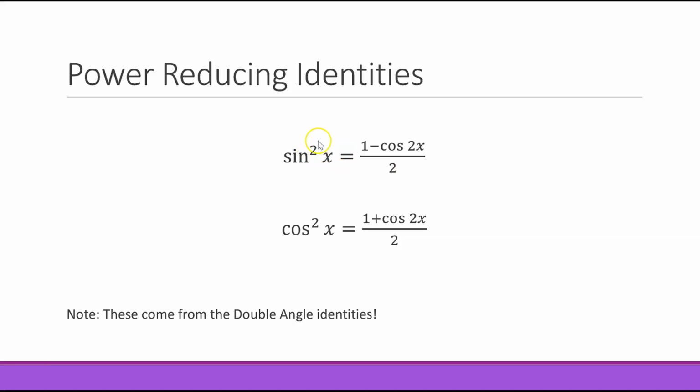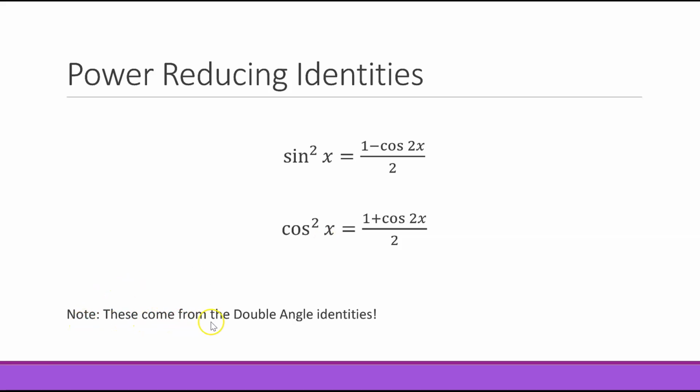I went from a power of 2 trig function to power of 1. This is cosine to the first power. If I start with cosine squared x, the only difference is that this is 1 plus cosine of 2x all over 2. So I'm still going from a higher power of a trig function, cosine squared, and taking it down to cosine to the first.